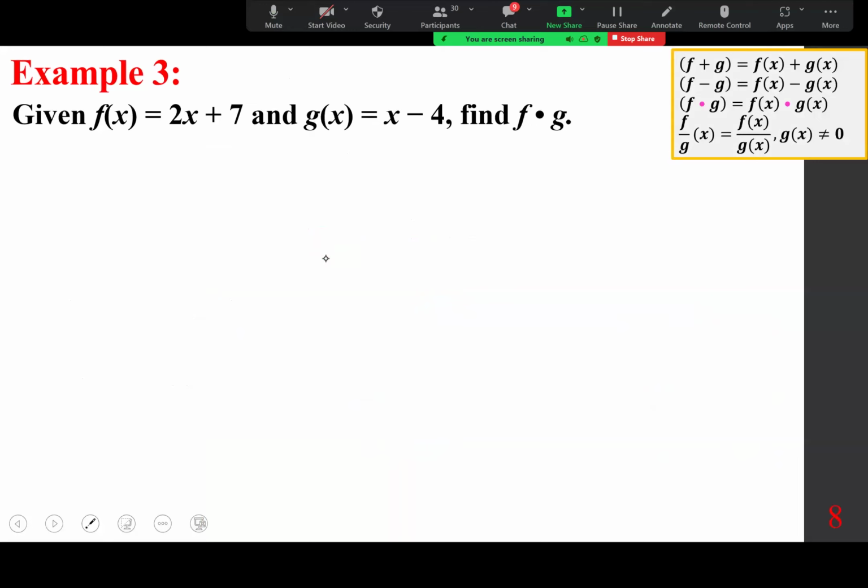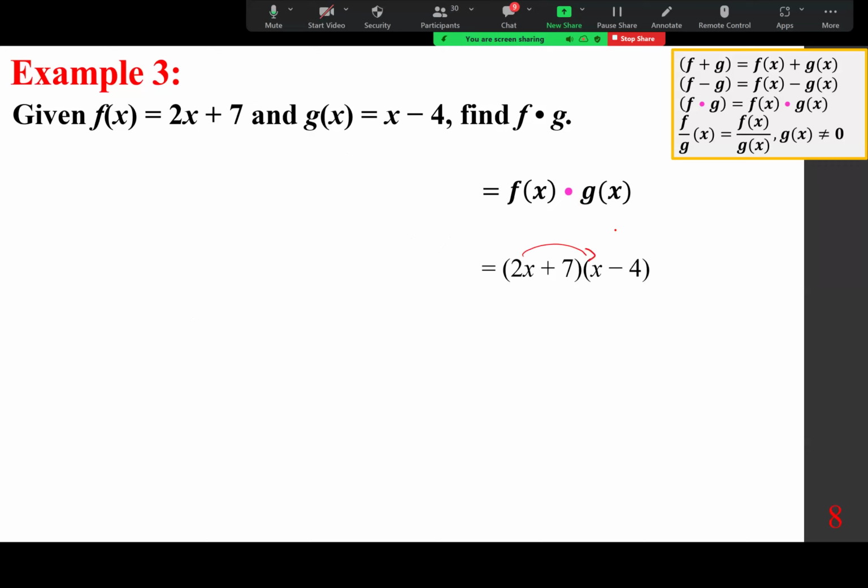Now, we want to look at f times g given f of x equals x plus 7 and g of x is x minus 4. Simply put, multiply the two functions. That's by definition. Which means you are going to FOIL, distribute the first one over the second one.